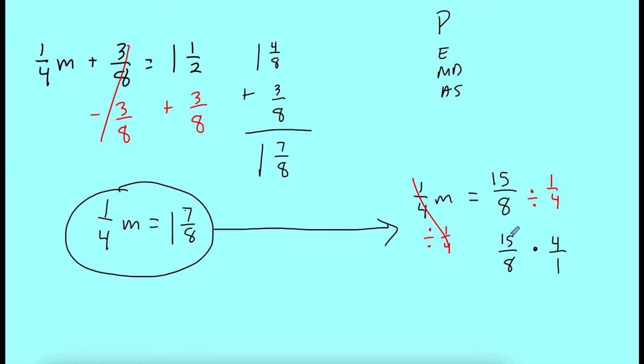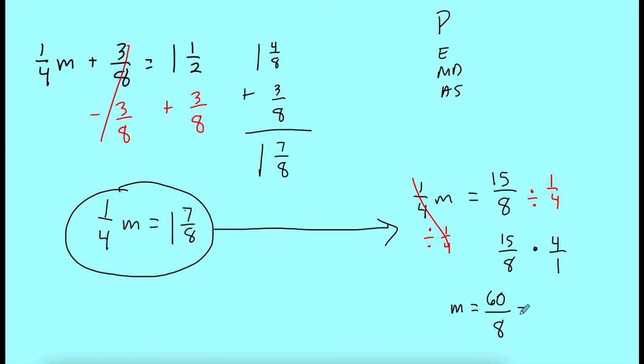Keep the first fraction the same, so 15/8 stays. Change your division to multiplication, and flip the second fraction to its reciprocal. So 1/4 becomes 4/1. And then you can just multiply straight across and solve. 15 times 4 is 60 over 8 times 1 is 8.